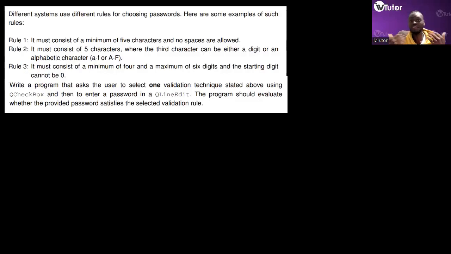But in this case, let's just worry about building the regular expression. Rule number 2, it must consist of 5 characters, where the third character can either be a digit or an alphabetic character, A to F, lowercase or uppercase. Now, A to F is only applying to the third character.